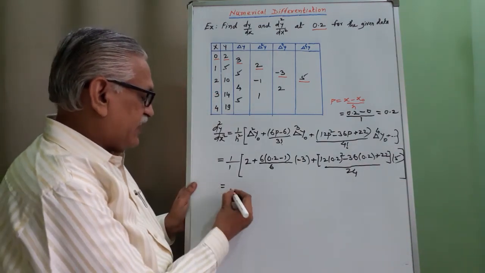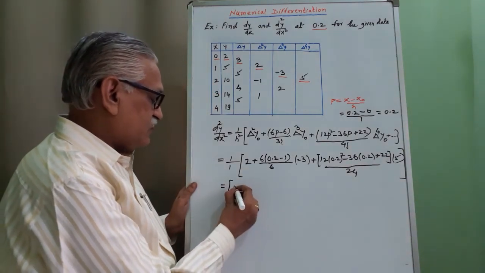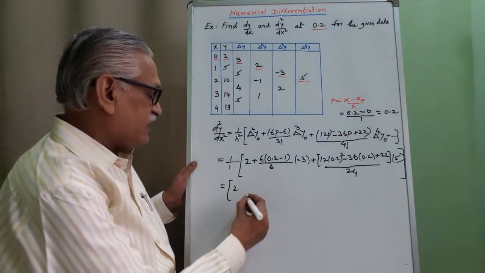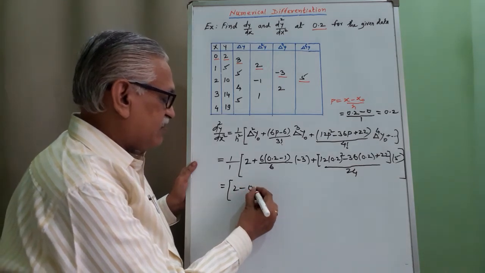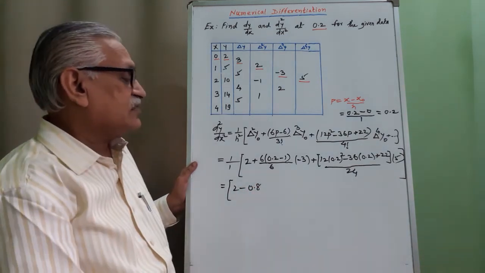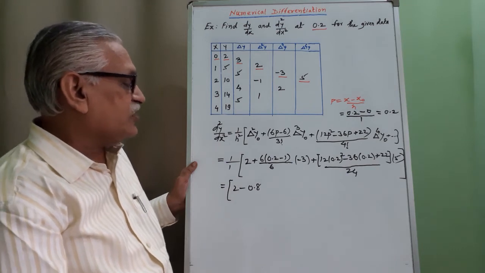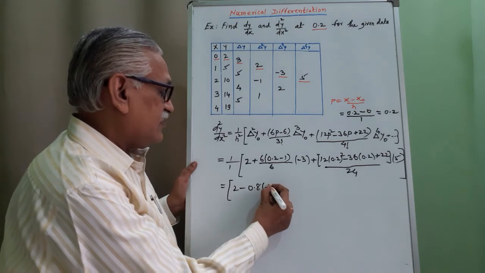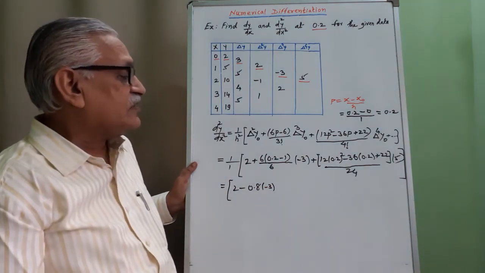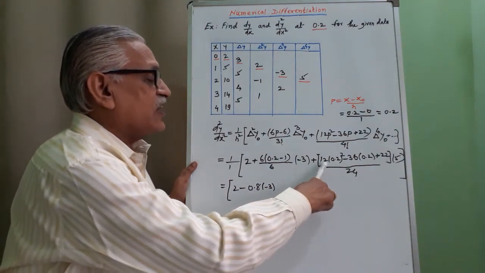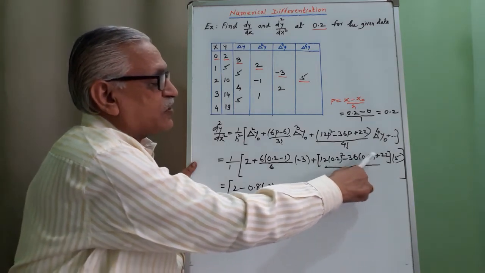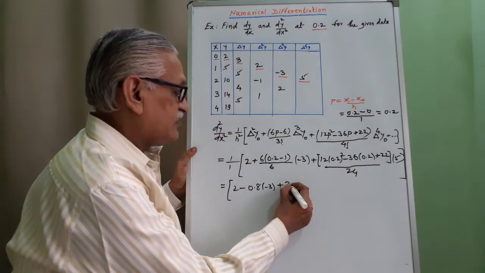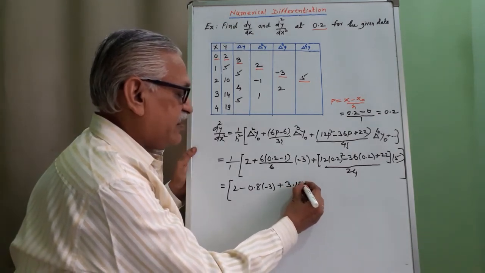Simplifying it, the first one is 2 as it is. 6 gets cancelled. 0.2 minus 1, we get minus 0.8, into 3, into minus 3. Next one, 12 into 0.2 square minus 36 into 0.2 plus 22, multiplied by 5 and divided by 24, is 3.183.